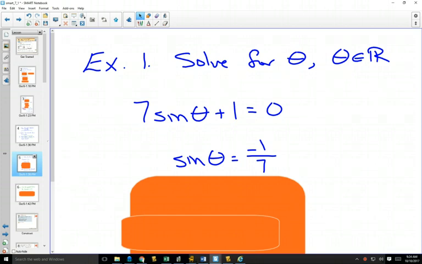So you need your calculator, find your reference angle, find out what quadrants it's going to be in, because step 1 of the general solution is solving from 0 to 2 pi like normal.